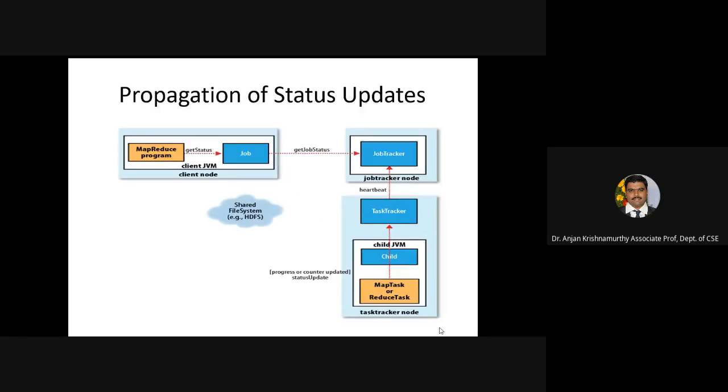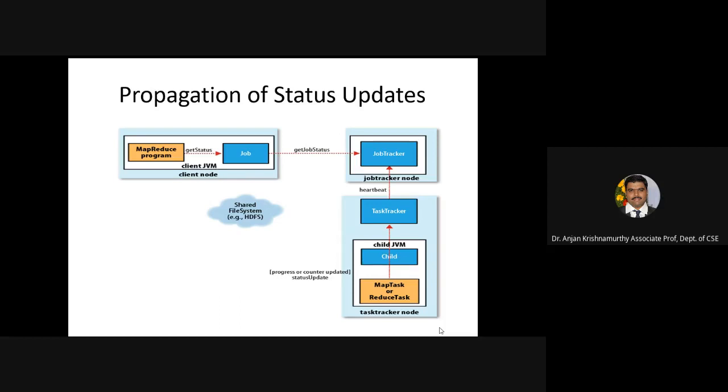So the propagation of the status updates is something like this. It is a bottom up approach in which the progress is updated, right? You can see that from the map task, the task tracker keeps sending the heartbeat. It goes into the job tracker, right? When the MapReduce task asks for a status update, the job runs a method called get job status. This job status request is submitted to the job tracker.